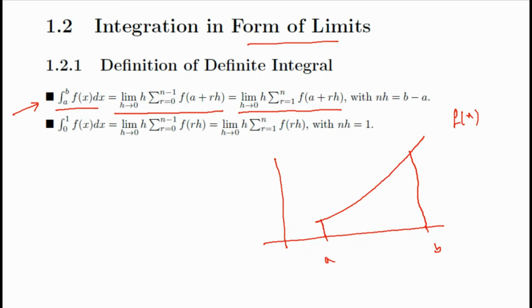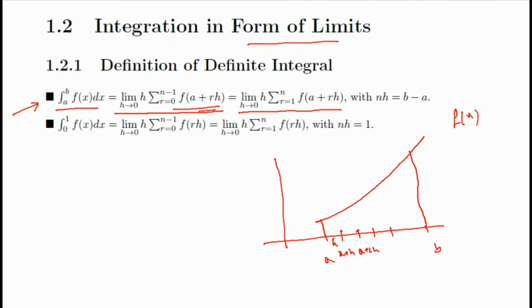Now what we are trying to do here is just dividing the whole range into some subintervals, and these all have length h, so a plus h, a plus 2h, and so on.